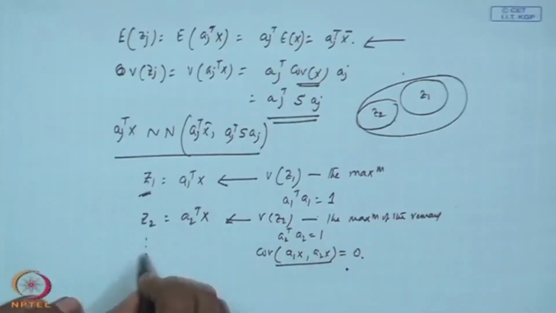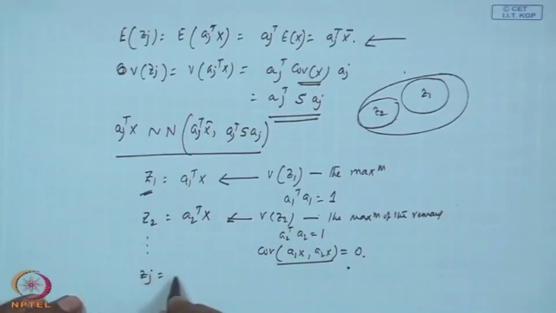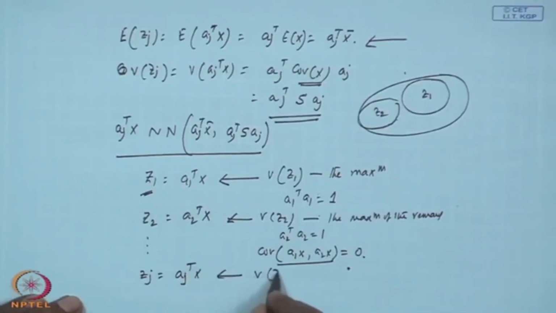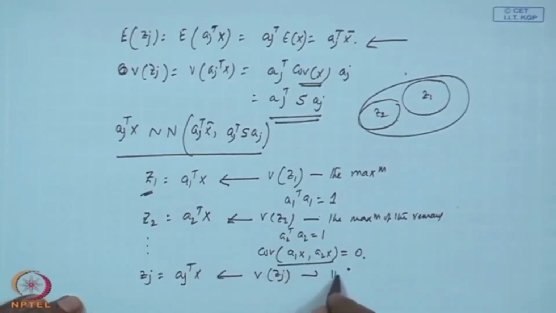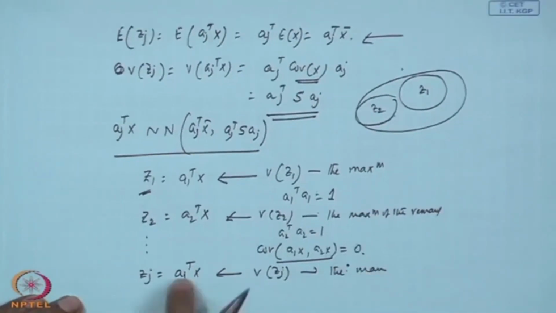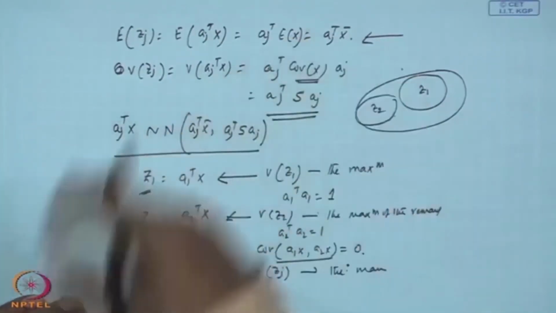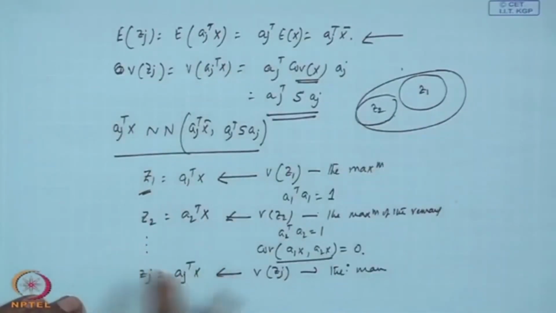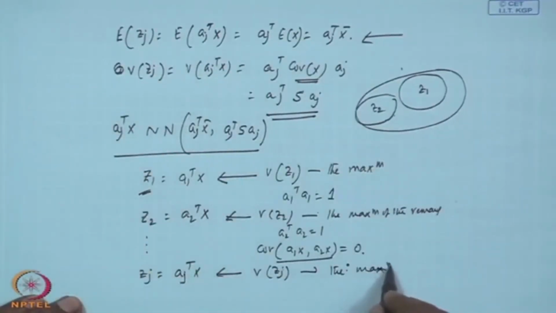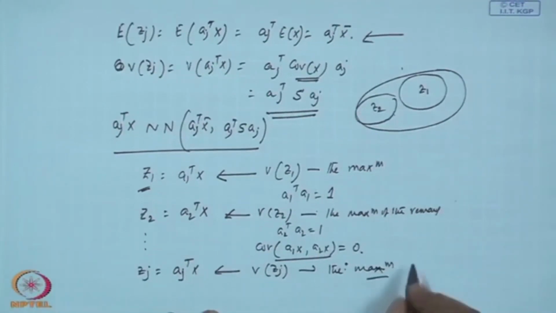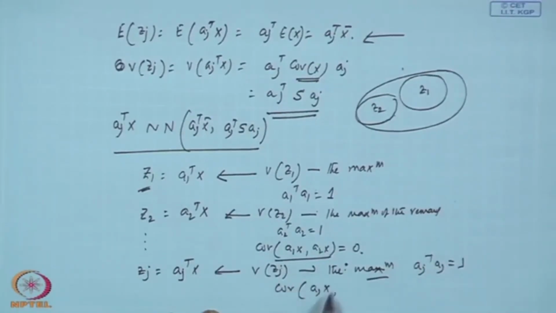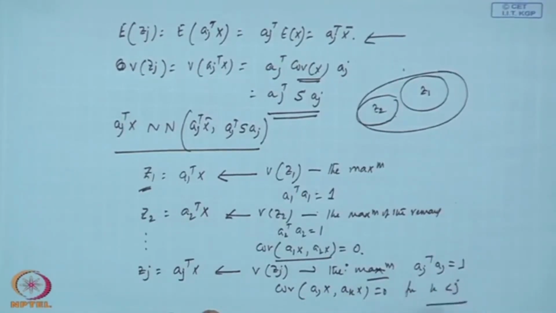Now, in this manner, if you go for Zj, then you will write Aj transpose x. Here you will definitely maximize the remaining variance. Already j minus 1 components are extracted, and you maximize the remaining variance, and here also you will write Aj transpose Aj equal to 1 and covariance of Aj x, Ak x equal to 0 for k less than j.